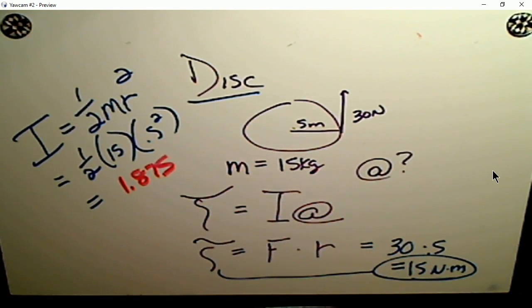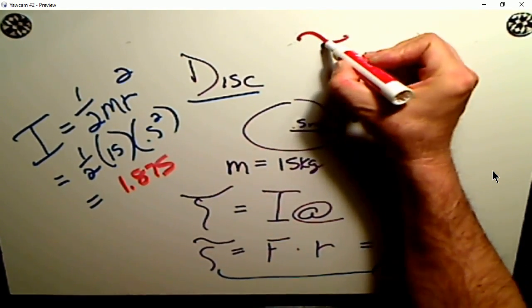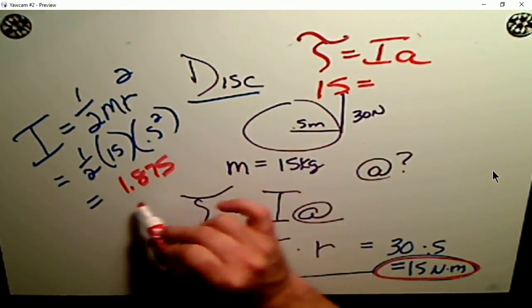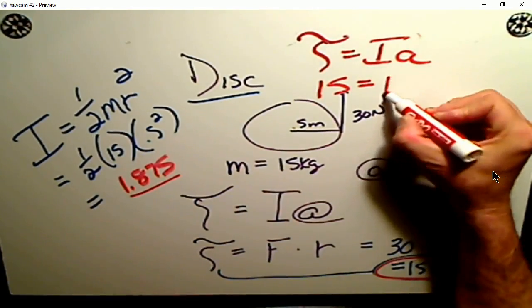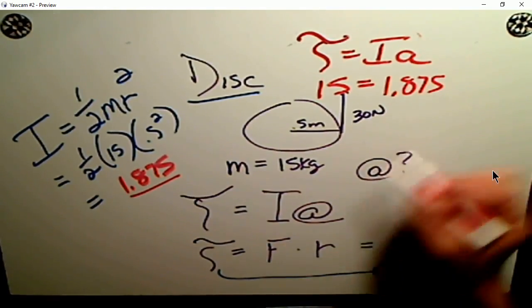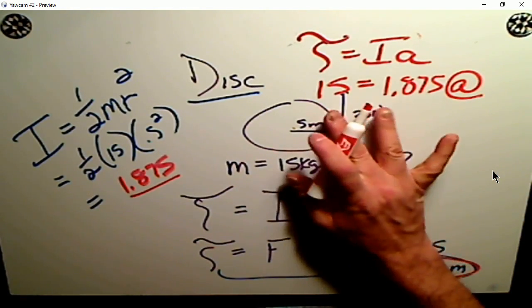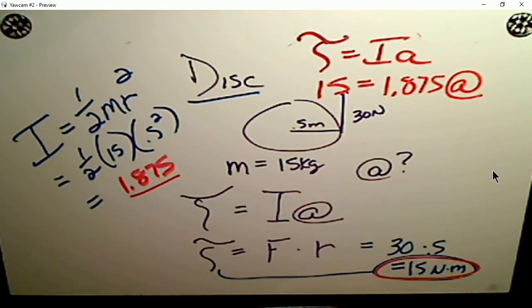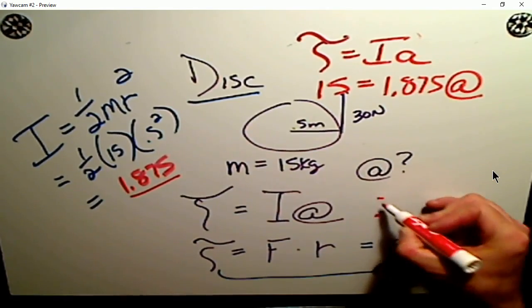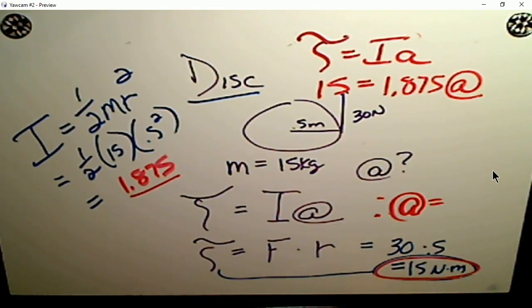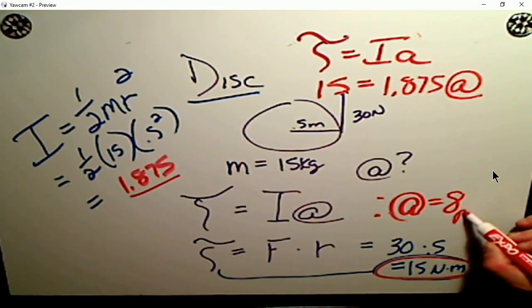So if I know that torque is equal to 15 Newton meters, and moment of inertia is 1.875, what is the rotational acceleration? Just divide 15 by 1.875. Therefore, alpha is equal to, you get about 8 rads per second squared.